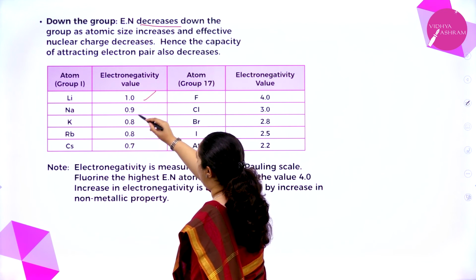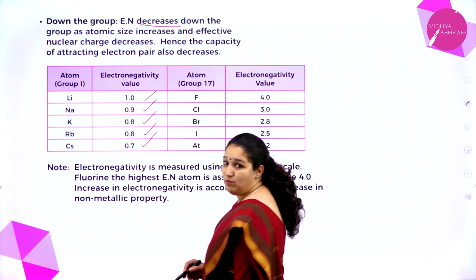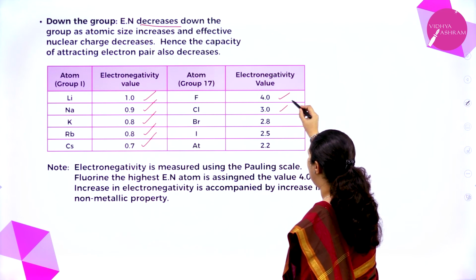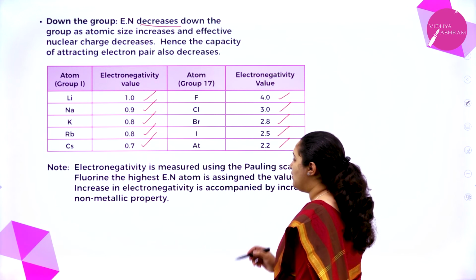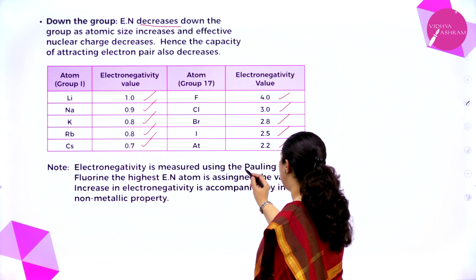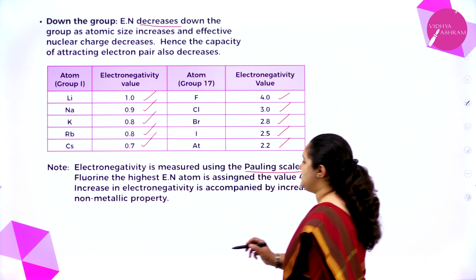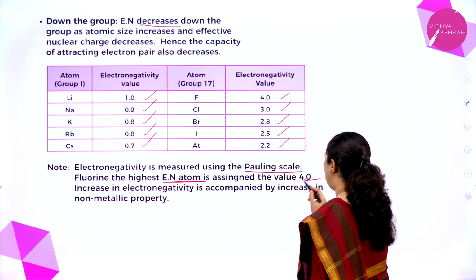Values: lithium 1, sodium 0.9, potassium 0.8, rubidium it's almost the same, cesium it's 0.7. Similarly, here you can see fluorine is 4, chlorine 3, bromine 2.8, 2.5, 2.2. So electronegativity is usually measured using Pauling scale, and fluorine has the highest electronegativity, and the value is 4.